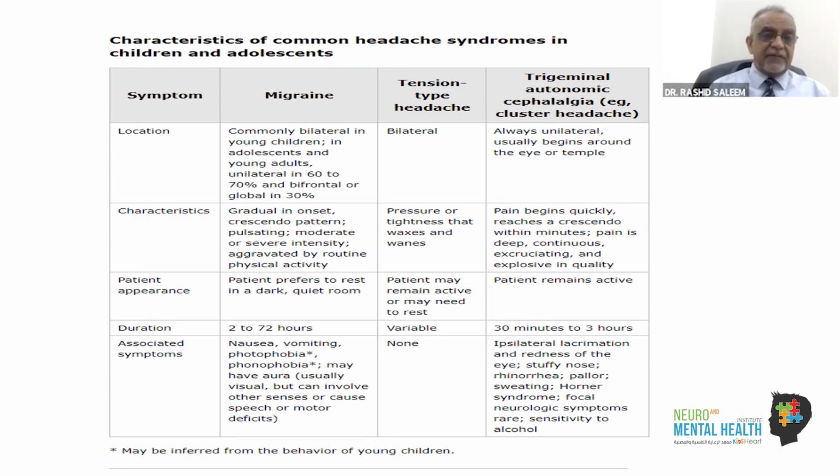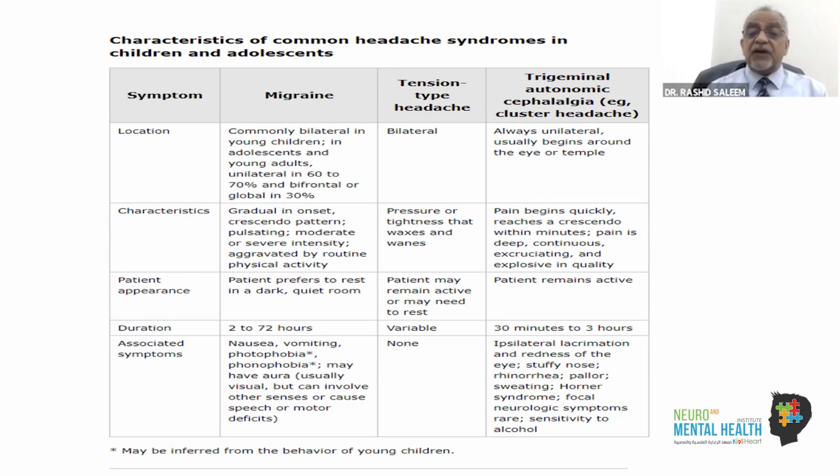Tension type headaches are variable. They can vary from 30 minutes to 7 days. And trigeminal attacks or cluster headaches particularly vary from 30 minutes to 3 hours. Now, associated features in migraine can be nausea, vomiting, photophobia, phonophobia, and if there are auras, they can be visual, sensory, speech or language, motor, retinal, or brainstem auras.